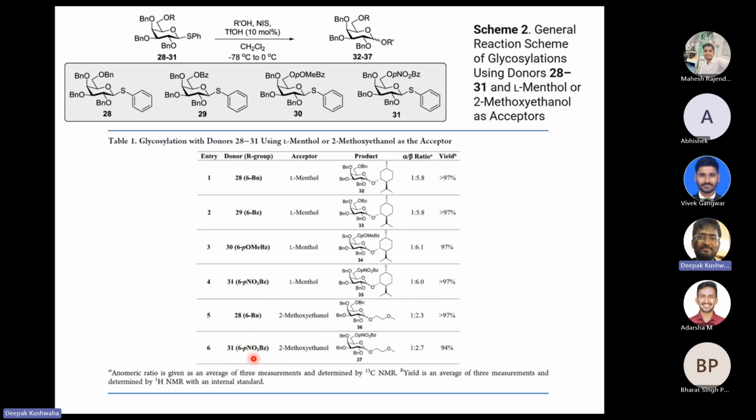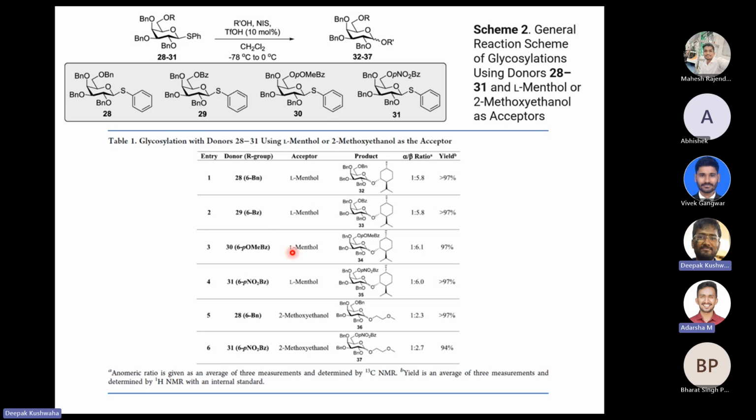From the benzoate to the para-nitrobenzoate, they are getting the same selectivity. In the case of menthol also, going from the benzoate to either the nitro or the electron-rich para-methoxybenzoate, in both cases they are getting almost the same selectivity.